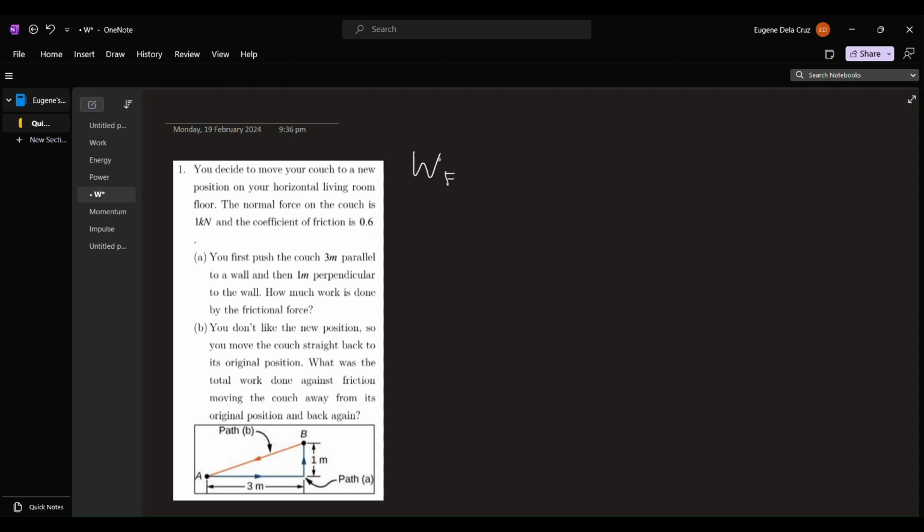So we know that work is equal to force times displacement. And by definition of frictional force, it is the force applied in the opposite direction of the force applied. So it is in the negative direction.